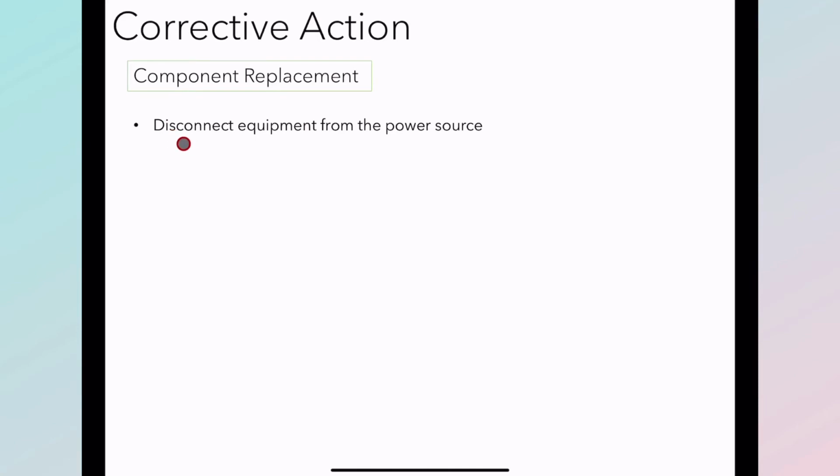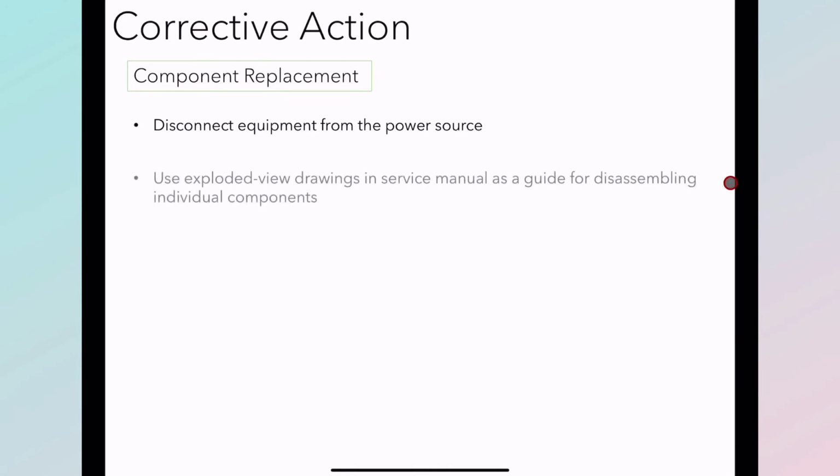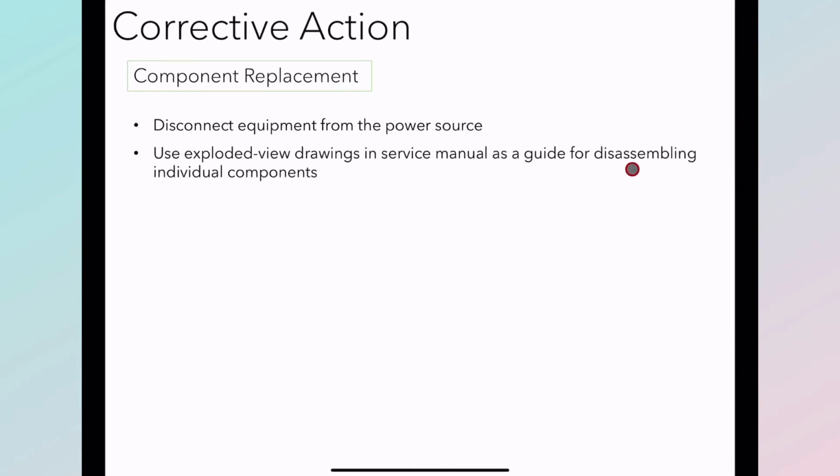Before going into any removal or disassembly of the components, we should disconnect the equipment from the power source for our safety and the safety of the product as well. And then we should use exploded view drawings in the service manual as a guide for disassembling the individual components. Those types of drawings are very useful in assembling and disassembling.